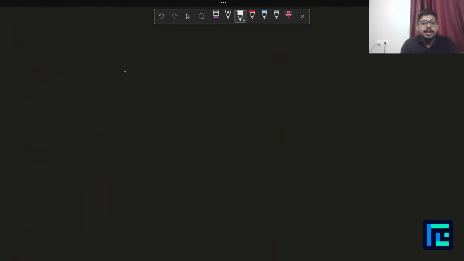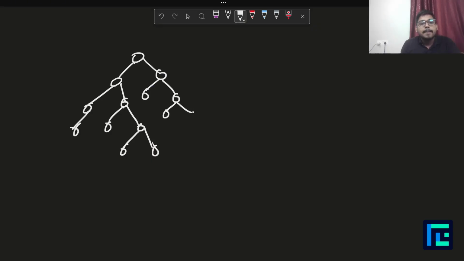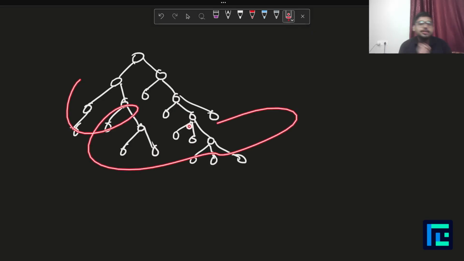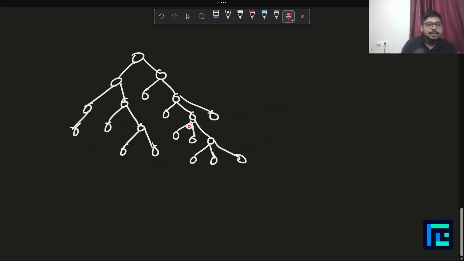If we just take any random tree, whatever tree you take, there would be some edges, and every edge would be labeled differently from 0 to n minus 2. In that range, you label every edge.